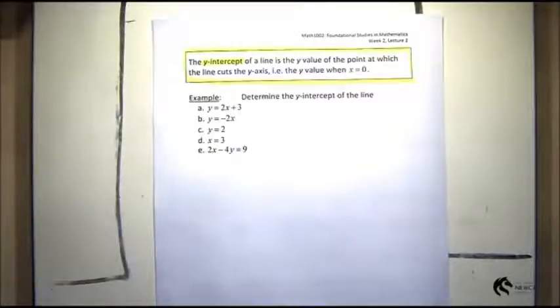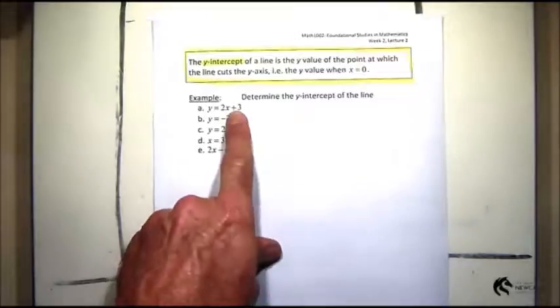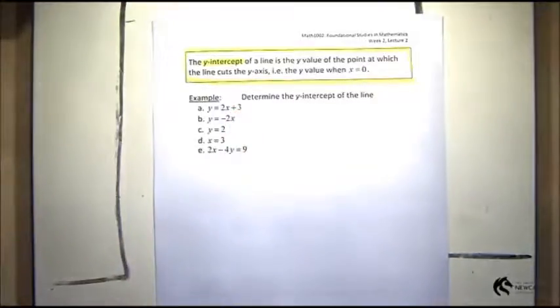Now, the y-intercept is the y value at the point that this line crosses the y-axis. Here's my y-axis, and here's the point at which it crosses the y-axis. It's (0, 3). The y value of that is 3. So in this case, for the line y equals 2x plus 3, the y-intercept is 3.